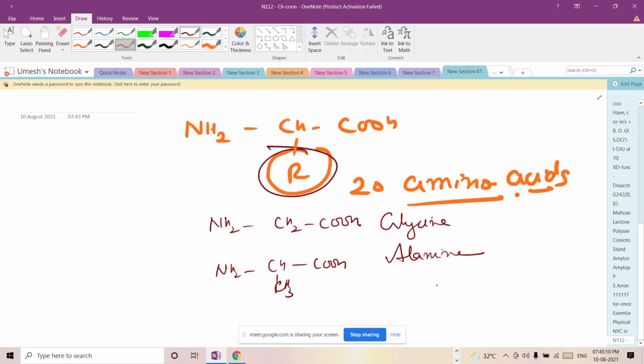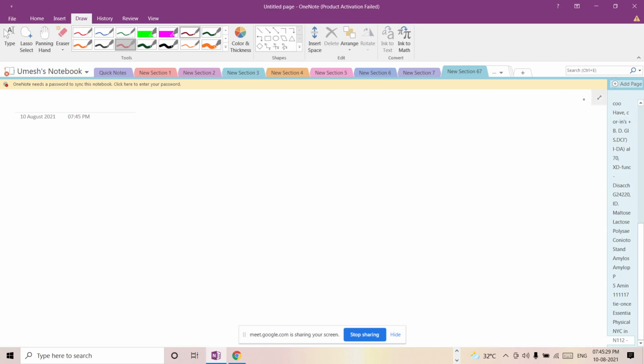If you put CH3 here, then we call this alanine. Similarly, if I keep on changing the groups here, I will have 20 different amino acids. In nature, we have found that we have 20 different amino acids. Now let us go to the next part of it.